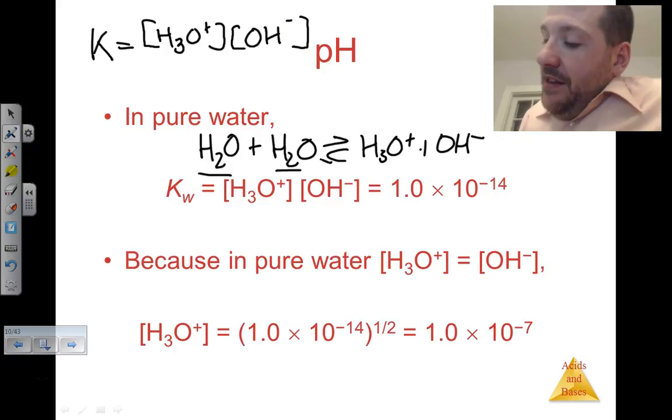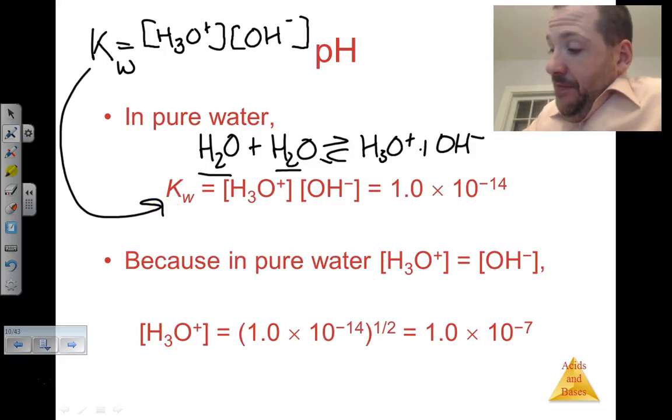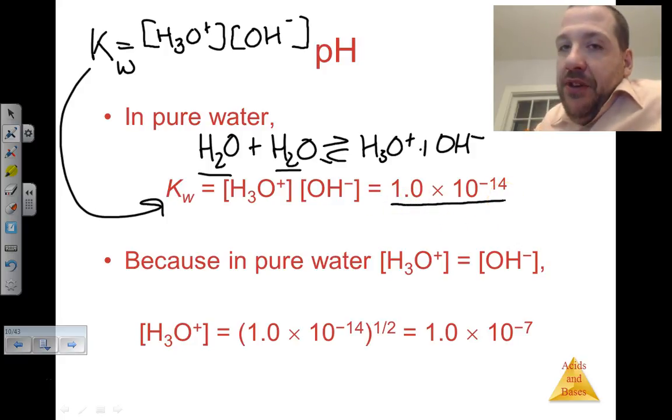Now, this has a special subscript that's a W. Kw was measured, or was determined, to be 1 times 10 to the minus 14.